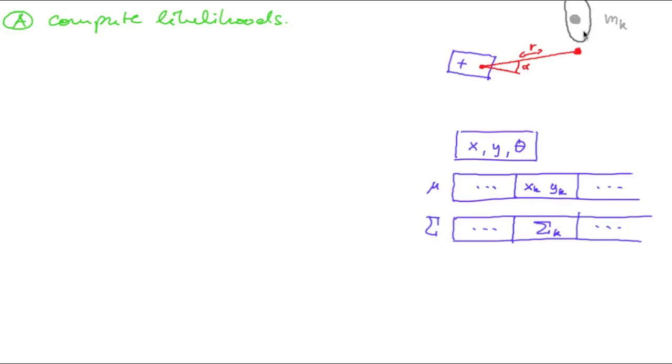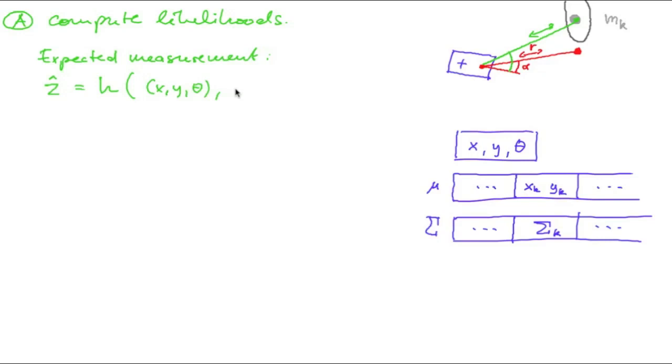And so now we want to compute the likelihood that this measurement of range and bearing angle actually belongs to this landmark. And so we'll first compute the expected measurement, or predicted measurement, which, as we see here, would be this. So if the robot is here, this is given by the particle, and our landmark is here, then we would expect a bearing angle like this and a range like that. So we will say our expected measurement z hat is a function h of our current state and our landmark.